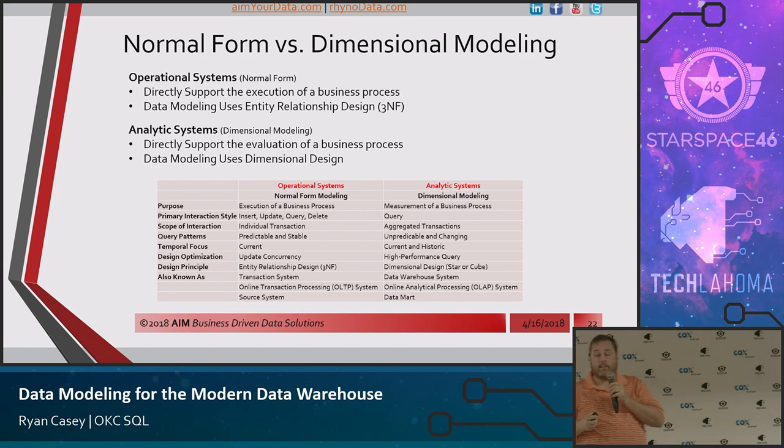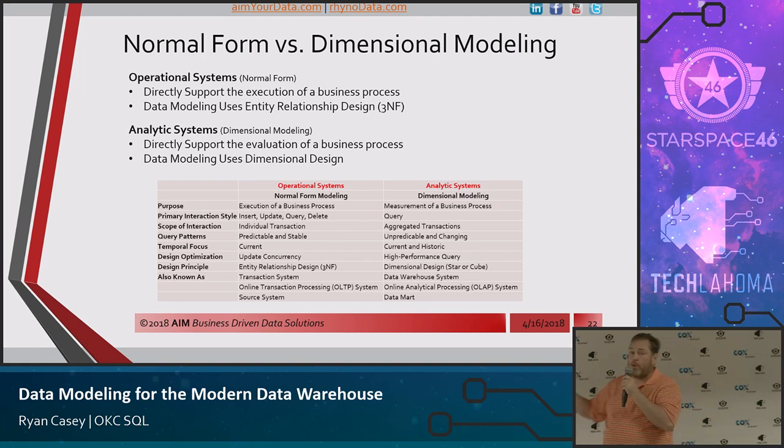So we're analyzing, versus on an operational system, where we're looking for the execution, the event that's happened, the sale, the measure, right? On an operational system, our interaction styles are one of four things: insert, update, query, and delete.